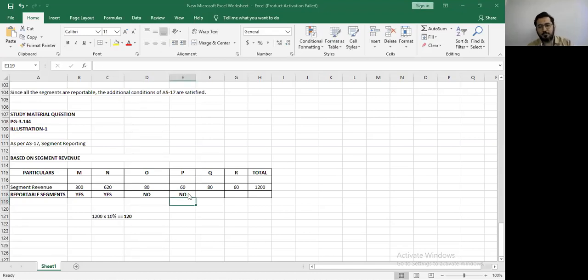No separate disclosures are required. You need 120, but you have only 60.